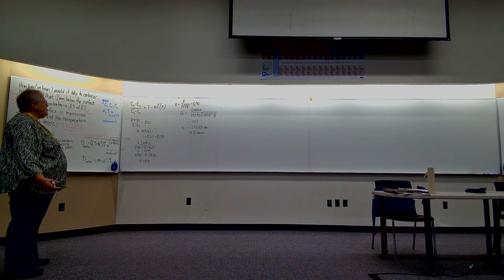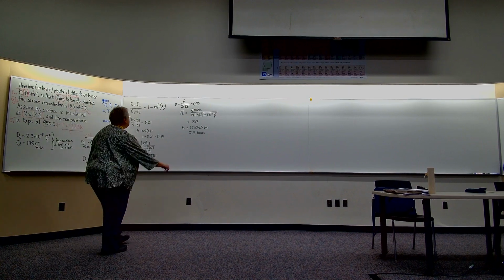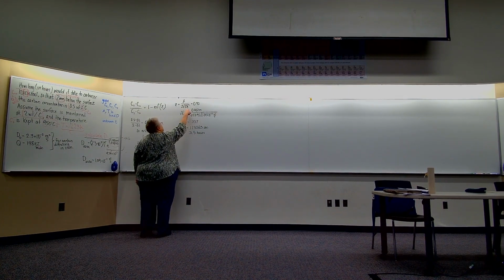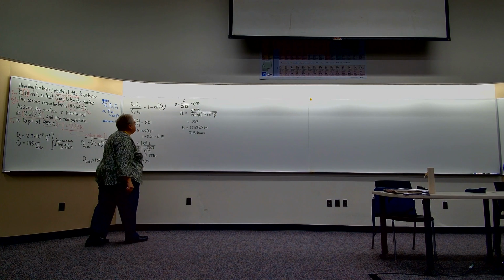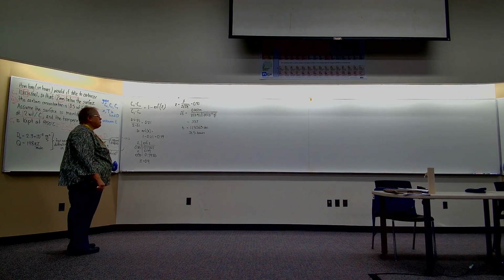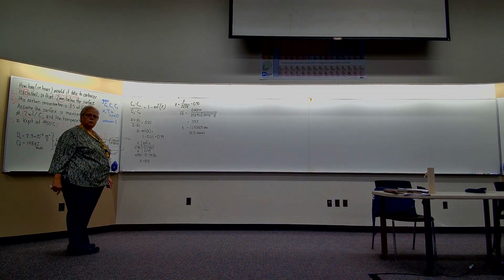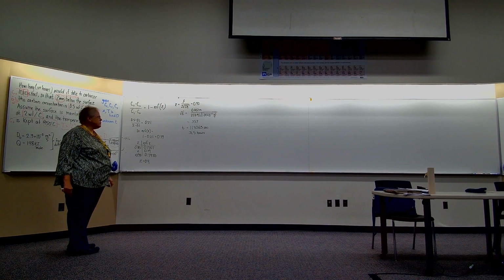So if I wanted t to be smaller, I could try to use a higher temperature that would give me a bigger D value, or I could try and make X smaller. That probably is not a feasible, reasonable carbonization time.